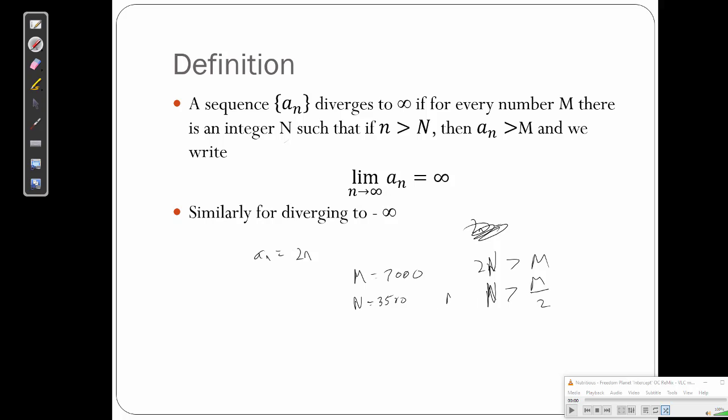So if little n is greater than M over 2, then a sub n will be greater than M, which means it must diverge. So yeah, that's the definition.